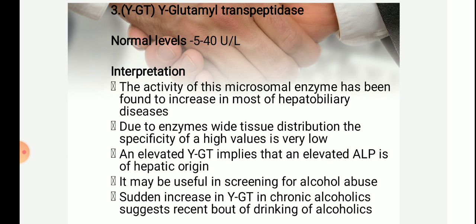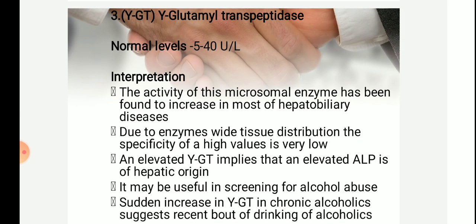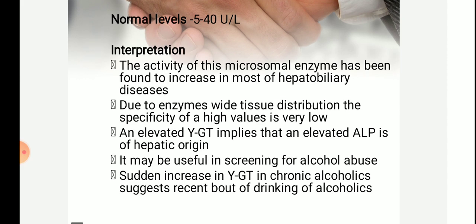An elevated level of this glutamyl transpeptidase implies that an elevated alkaline phosphatase is of hepatic origin. So that is the inference here. It may be useful in screening for alcohol abuse, an important test that you do in alcoholics. A sudden increase in gamma glutamyl transpeptidase in chronic alcoholics suggests a recent bout of drinking of alcohol.